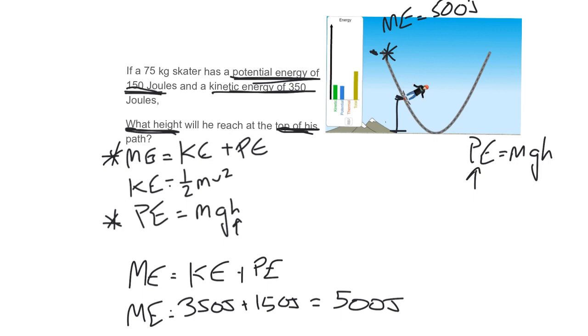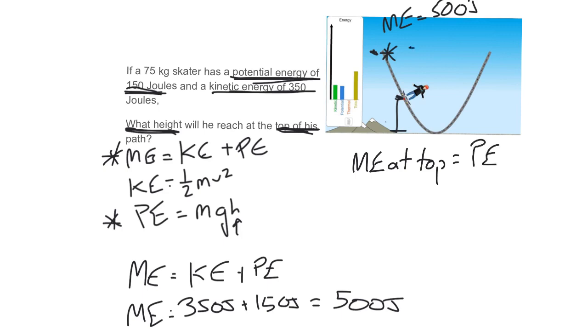And so when he gets up to the top of his path, we're going to get rid of some stuff here. Okay. So I know that my mechanical energy at the top equals my potential energy.